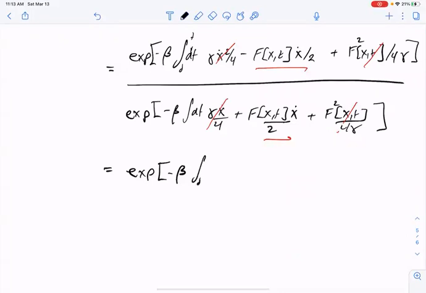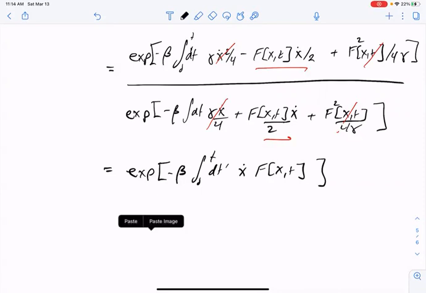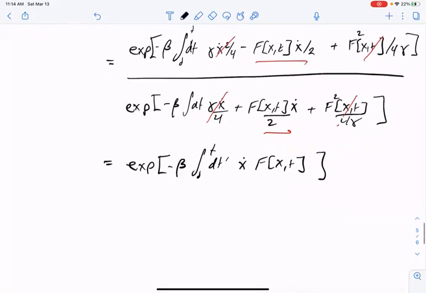And now I have an integral from 0 to t prime, x dot, f of x and t. So we're left with an integral, e to the minus beta, the integral x dot f.